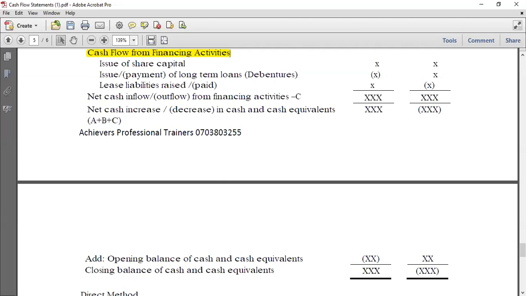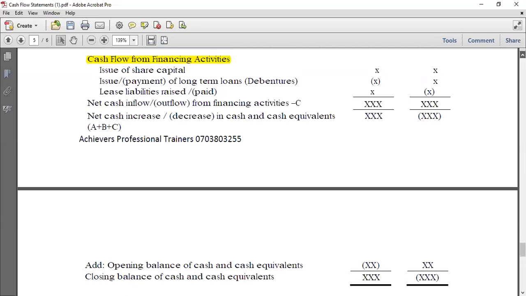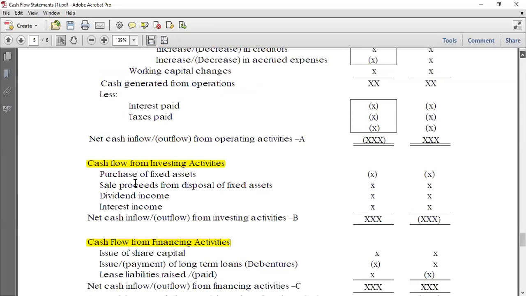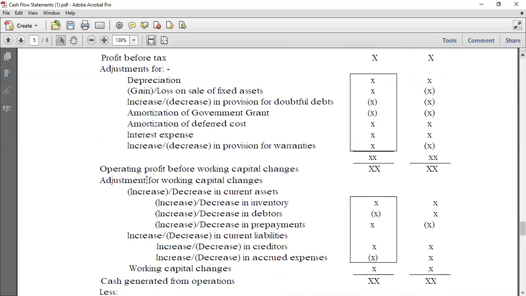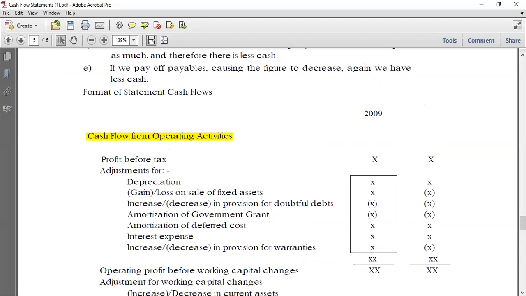So in this case, what this would mean is that right here, we start with our profit before tax, which we're able to record there. And then we are able to make adjustments. Now, the first adjustment we are making is for depreciation. Why we make the adjustment for depreciation, as you can see here, is because depreciation is a non-cash item.